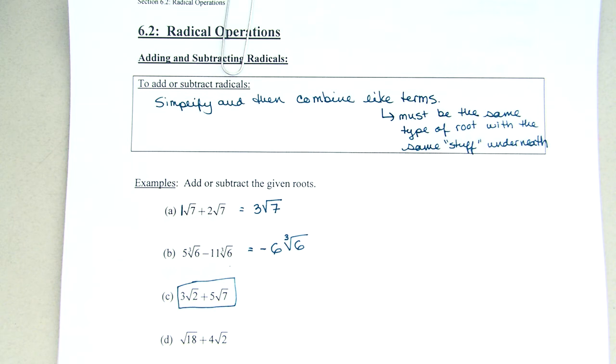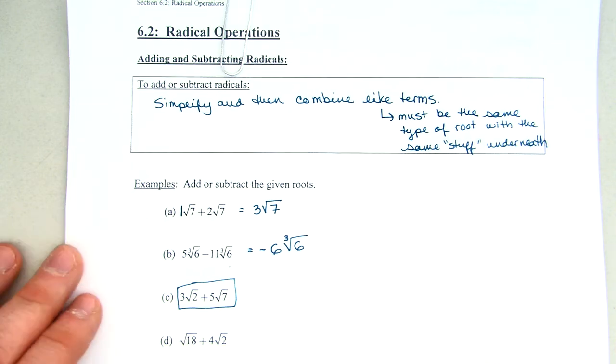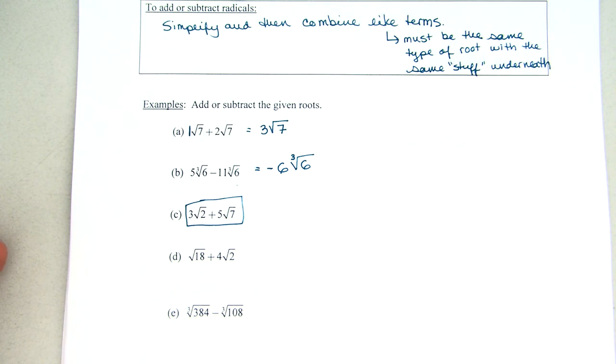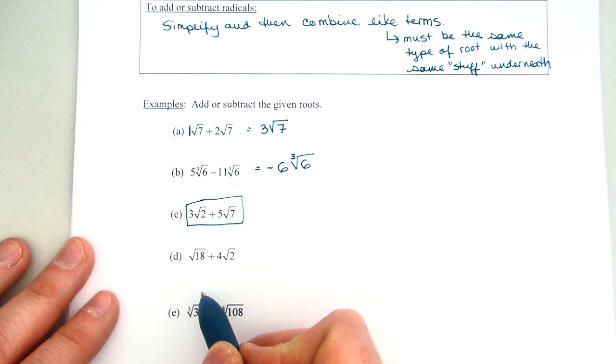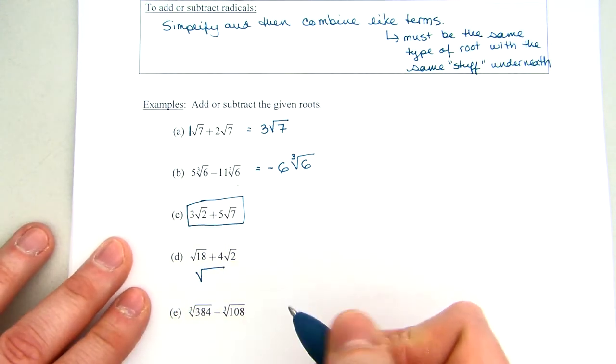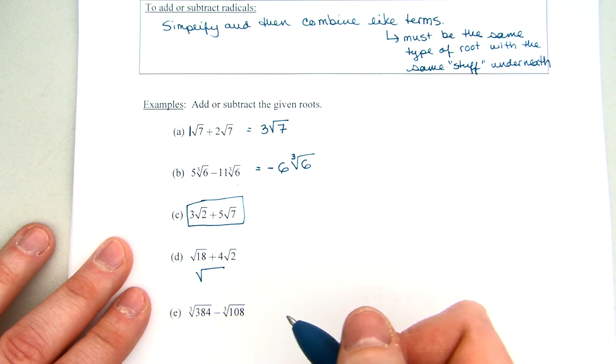However, that's not the case in letter D. You can combine these. Why? Jordan. I haven't given you any problems yet where there's been any simplifying that we could do, but here, yeah, we can do that. Root 18, well, thankfully, that's just a square root. How are you going to break that down? Square root of what times what? You can do 18 in your head.